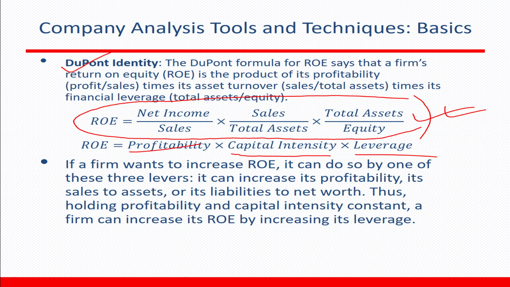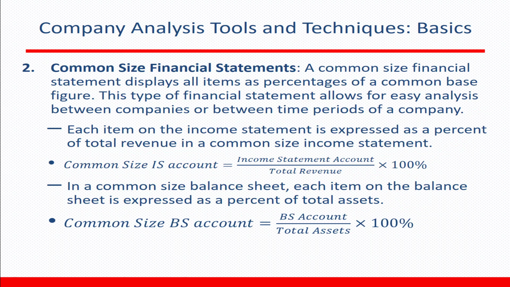So keeping any two items constant, if you change one of them, for example, if you keep the profitability and capital intensity or the asset turnover constant and you change the leverage, there is an increase in the return on equity. That means more debt is good, but that is not the real scenario in real life. Sometimes more debt might not be good.